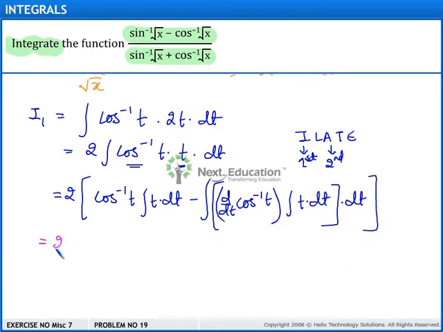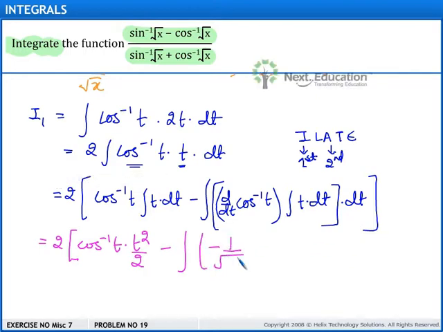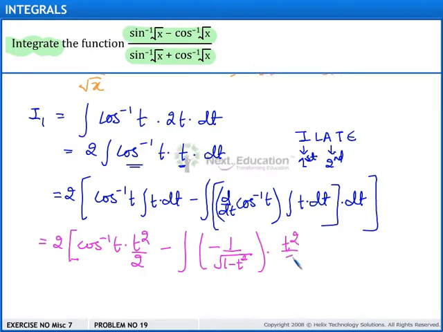This is further equal to 2 times of cos inverse t into integral of t with respect to t, which is t square upon 2, minus integral derivative of cos inverse t, which is minus 1 upon square root of 1 minus t square, and integral of t with respect to t is t square upon 2 into dt, plus the constant c1.